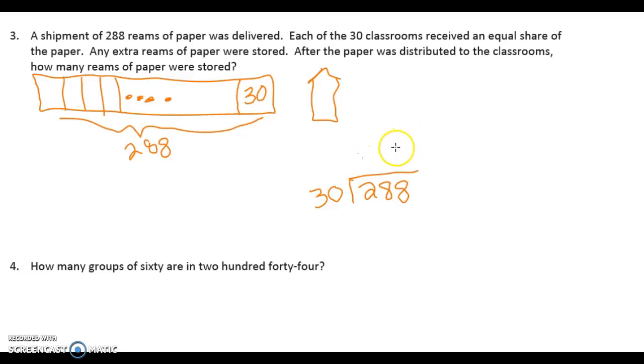So to think about how we can do this, if you wanted to think about it again as what we were doing before, where we have 280 divided by 30, remember we were able to cancel out our zeros, like dividing by 10 to start with to reduce our place values. We think, 3 times what gets us close to 28?